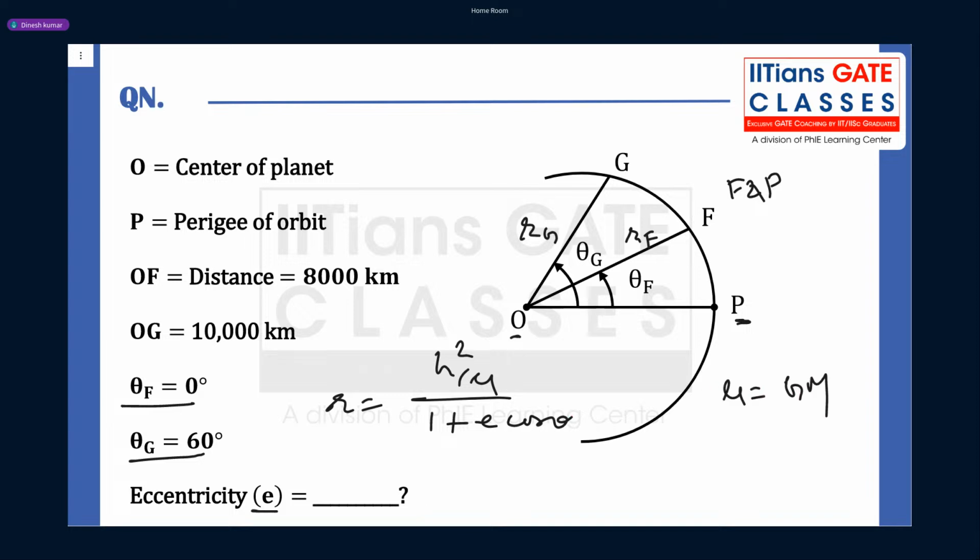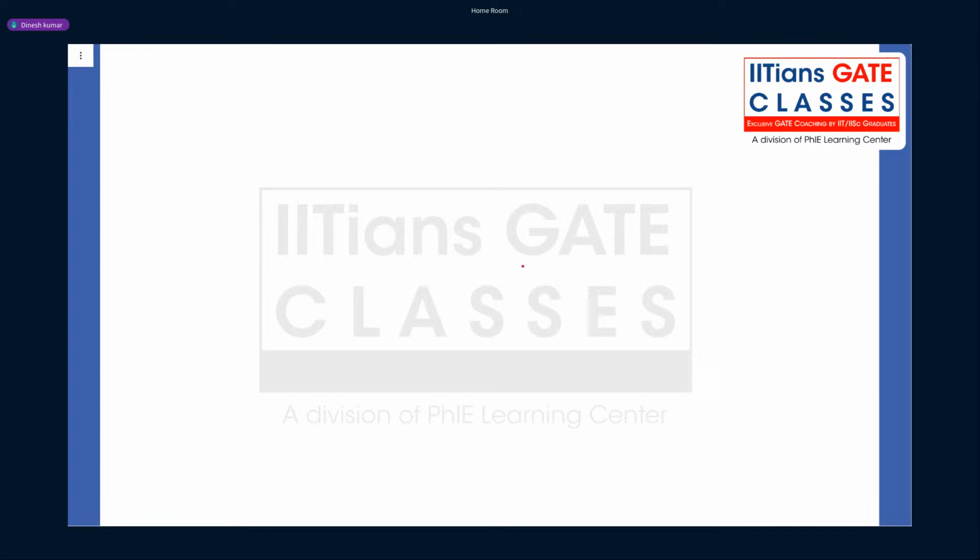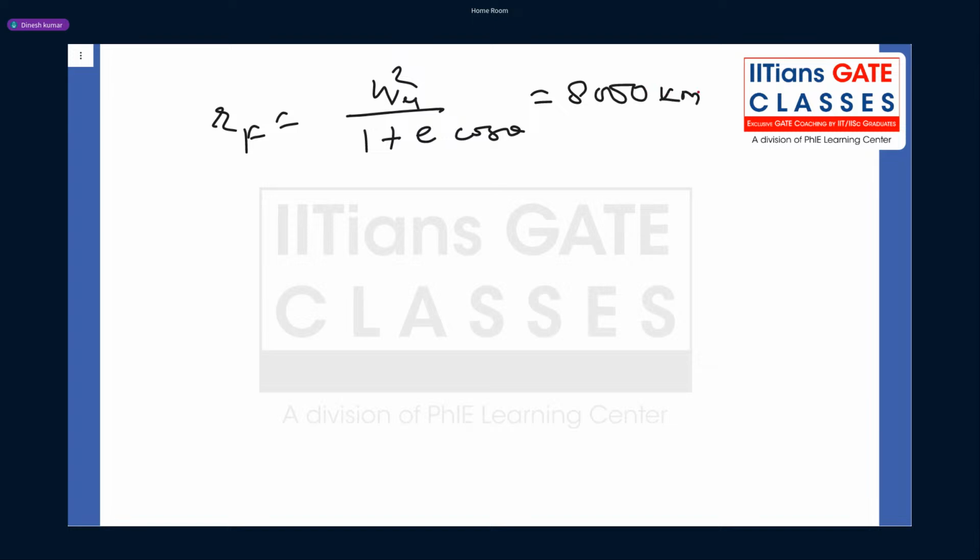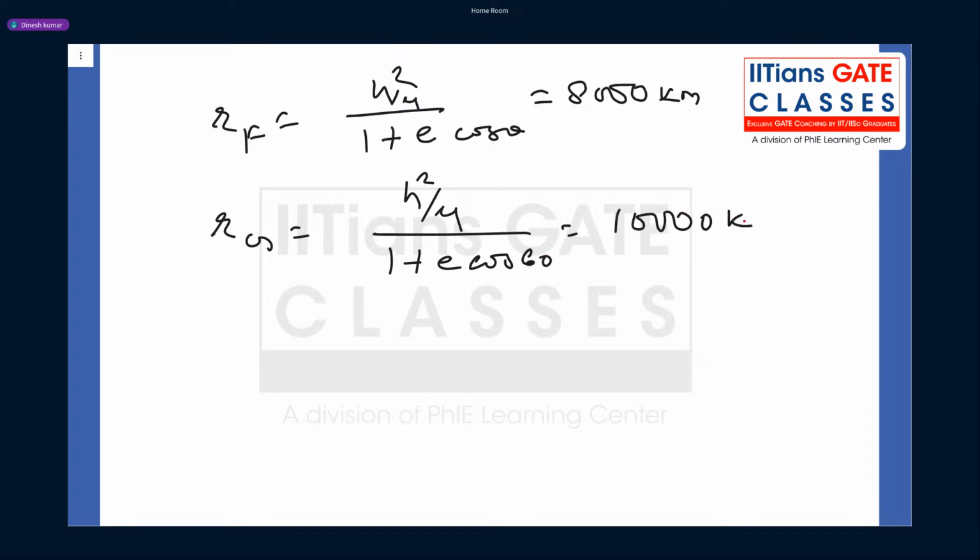We do not require these data because RF is given. RF is h squared by mu upon 1 plus e cos 0, and I believe RF is given as 8,000 kilometers. RG is h squared by mu upon 1 plus e cos 60, and this is given as 10,000 kilometers.